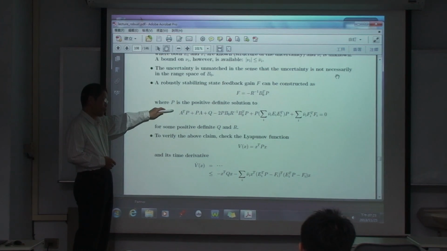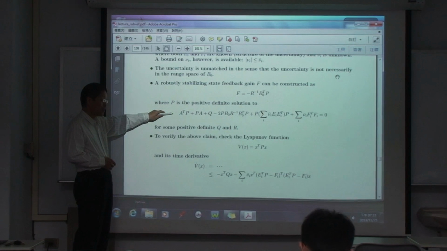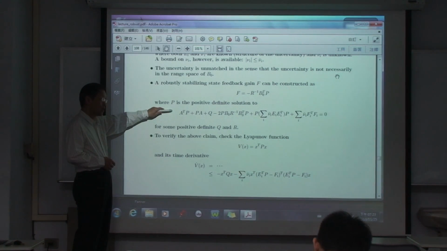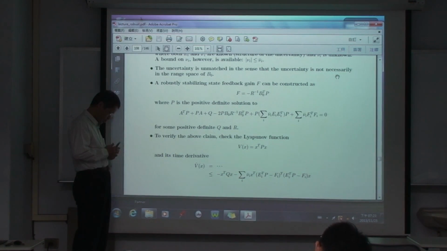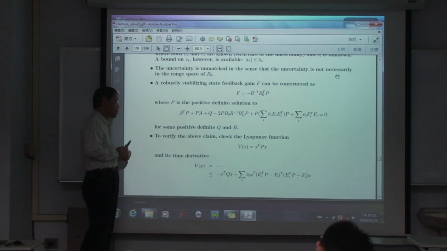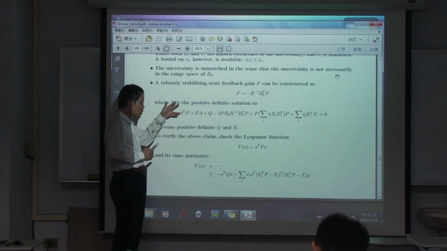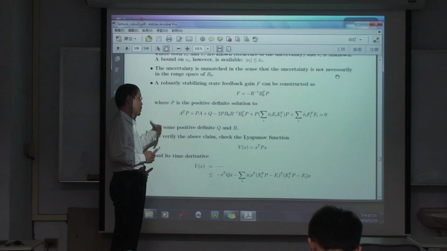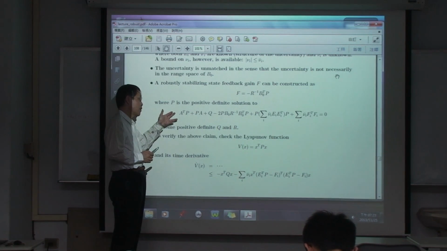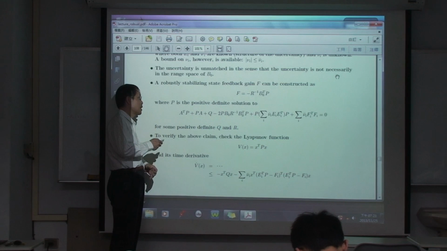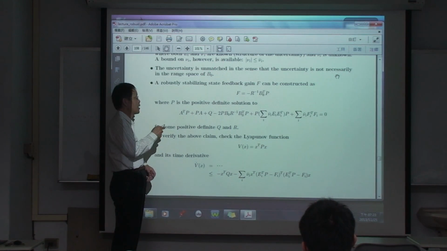That means the solution to this equation is not guaranteed to exist. So this particular equation is not automatically solvable. That means sometimes if you are lucky, you can solve for this particular P, but this equation may fail to be solved. Okay? So that's essentially the difference between a matched and mismatched condition.